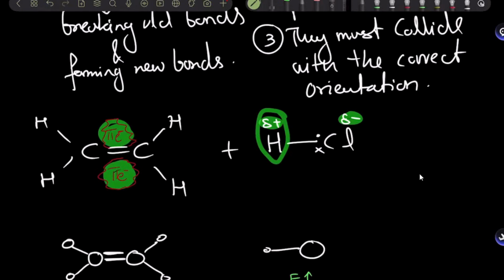The correct orientation would be that hydrogen is facing these pi electrons so that it can directly go onto those pi electrons, break its previous bond, and form the new bond there. So we want this part of the molecule to be colliding with these electrons.